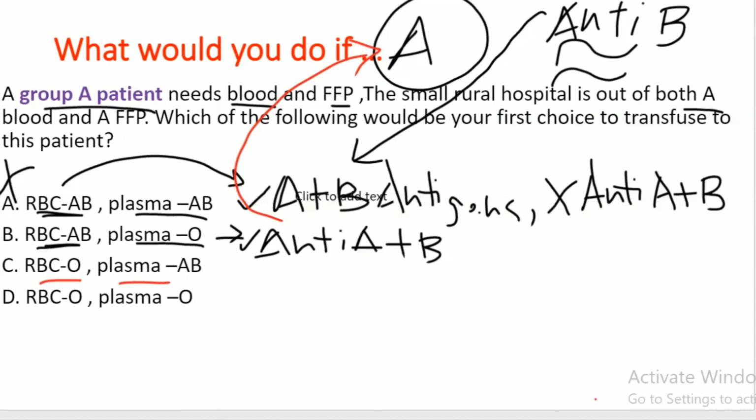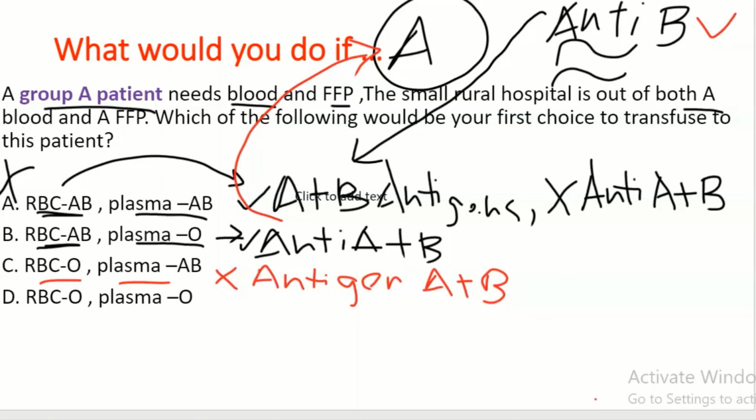You could give group O RBC because a group O person doesn't have antigen A plus antigen B. It doesn't have A and B antigens on its RBC surface, so it won't react with the patient's anti-B.